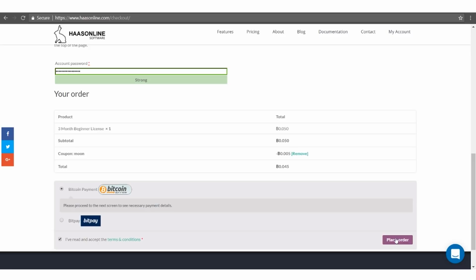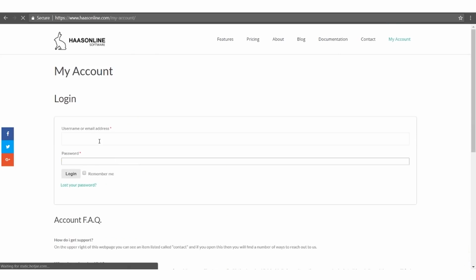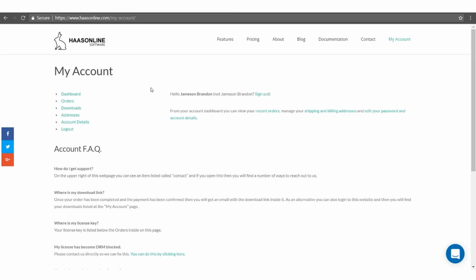If you've selected the Bitcoin payment option, you'll be able to send the money to that address. And if you've selected BitPay, you'll be able to process through using your credit card.